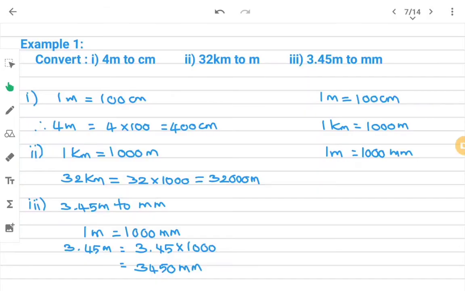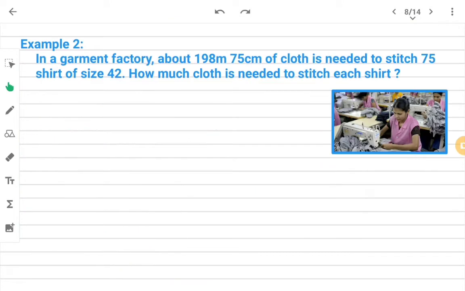Now we are going to solve example 2. In a garment factory, about 198 meter 75 centimeter of cloth is needed to stitch 75 shirts of size 42. How much cloth is needed to stitch each shirt? You have to understand the question carefully, right?